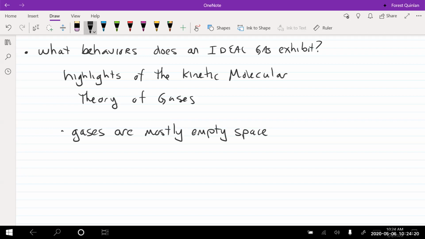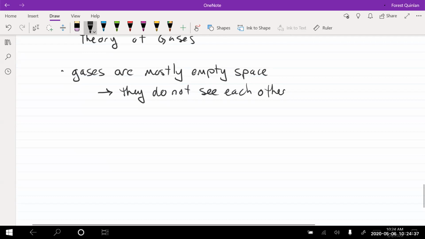Because what does that mean? They don't see each other. Which means they can do whatever they want. Nobody's going to tell on them. No one's going to make them behave. They do behave. No one's going to make them follow any other rules except for the rules they want to. Gases are mostly empty space.